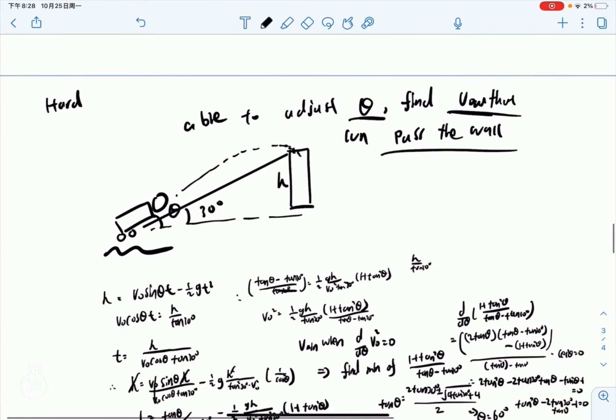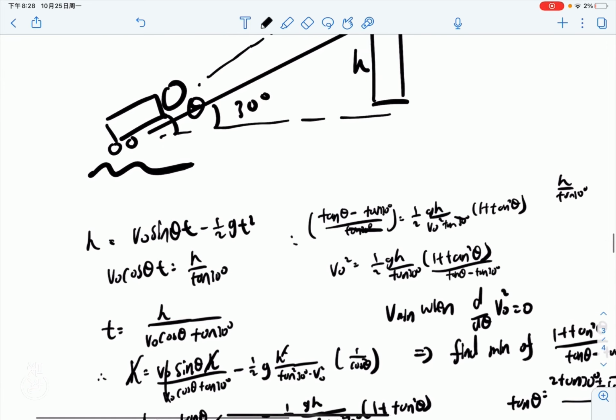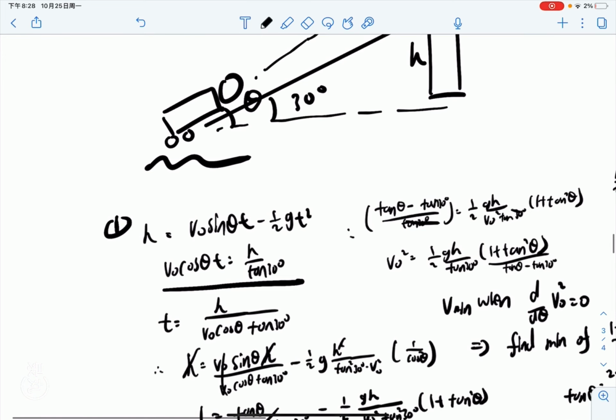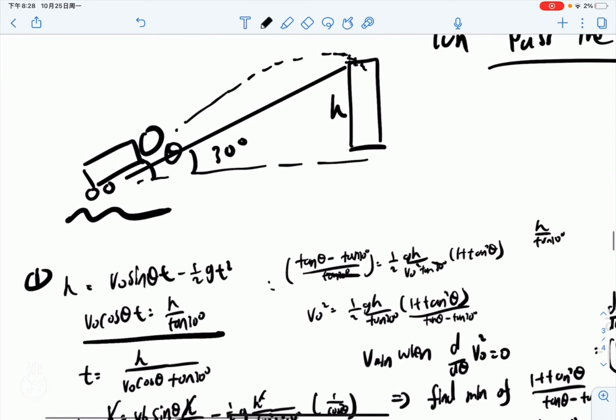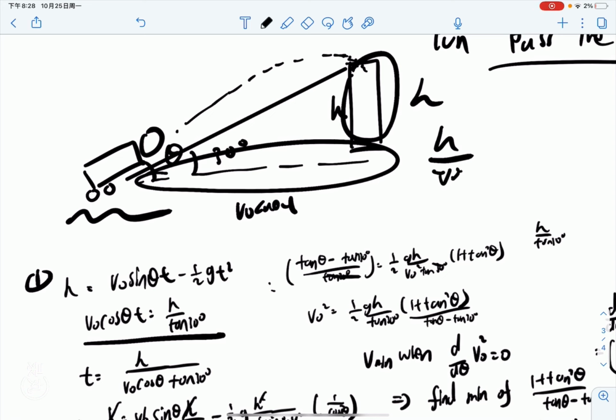And how do we do this problem is that we set the equation first. So we know that this one is basically delta y is equal to v0y t minus this. And the second equation is basically saying that v0 cosine t and this height, so v0 cosine t is going to be tangent 30 degree, and if you move it to that side you can get this.